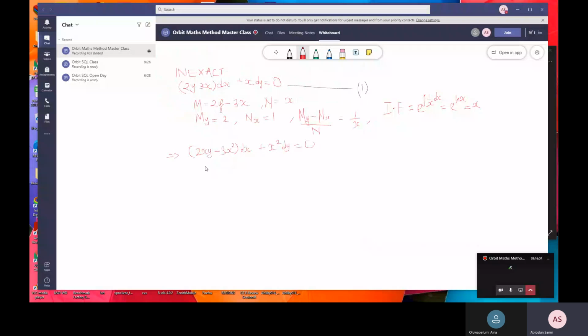So we check again. Is it exact now? M is going to be 2xy minus 3x squared and my N is going to be x squared.